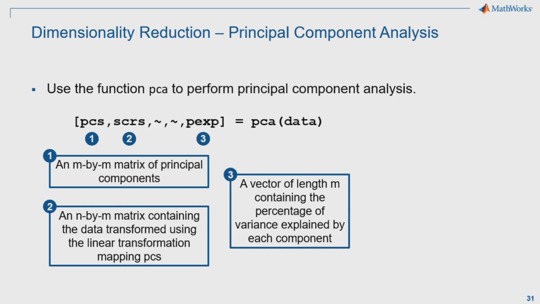And then another interesting feature that we can derive from the PCA algorithm is the percentage of variance explained by each component. So we can understand the amount of variance explained through our projection by analyzing the pexp variable, which typically gives you in descending order the amount of variance explained by each of the principal components.